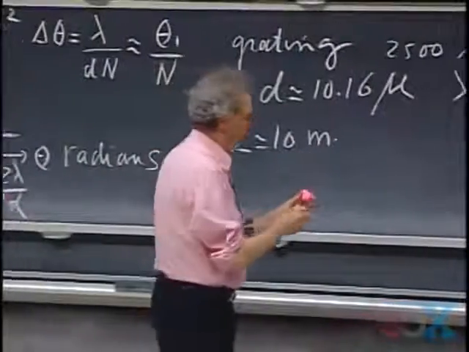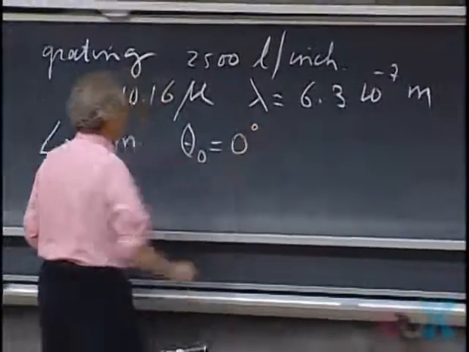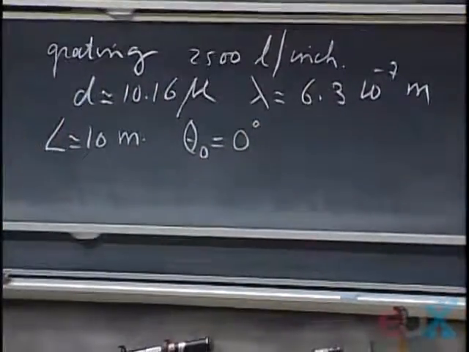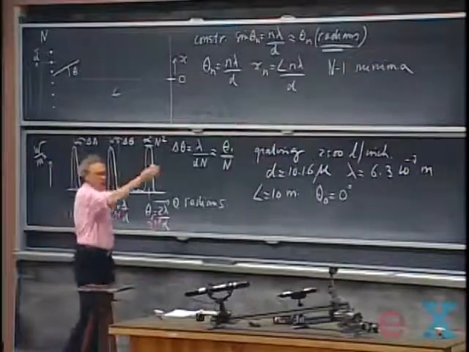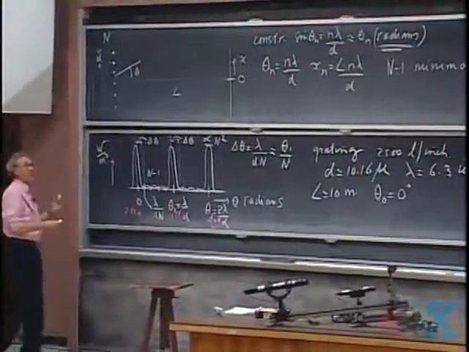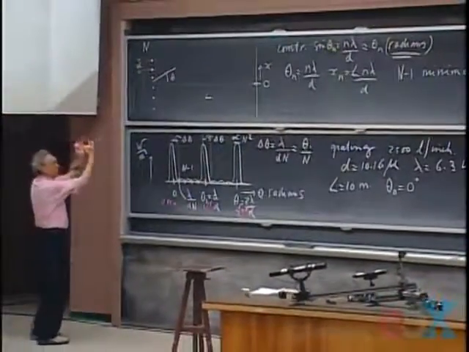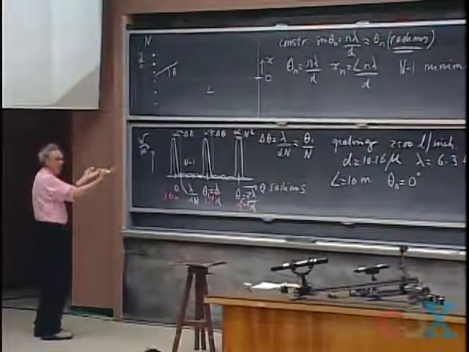So I can predict now where the zero order will be. When n is 0, that is 0 degrees. That's immediately obvious. I use that equation. If n is 0, the zero order is always right at the center, provided that all these sources are in phase. And they will be in phase because I use plane waves. So Huygens will tell you that they're going to oscillate exactly at the same time.